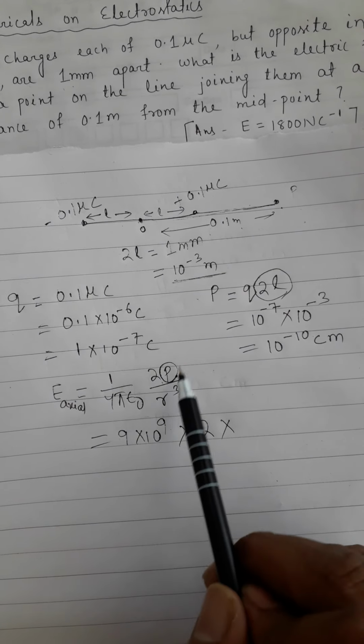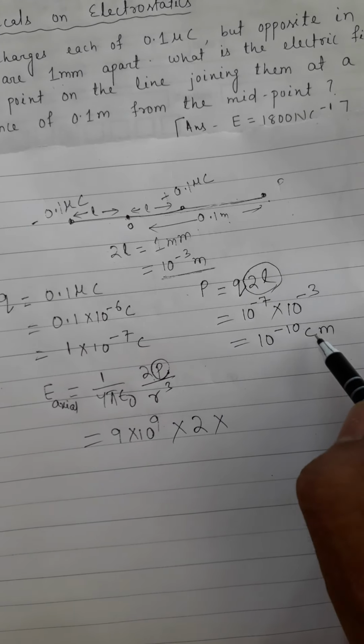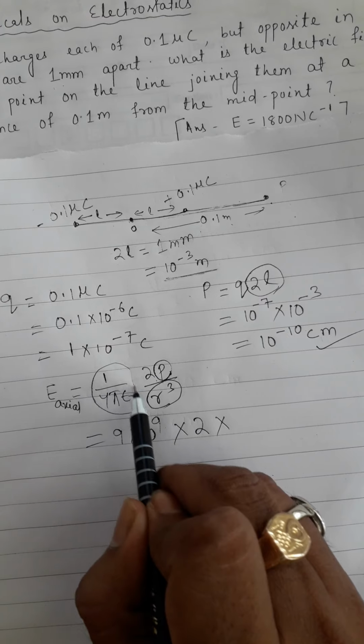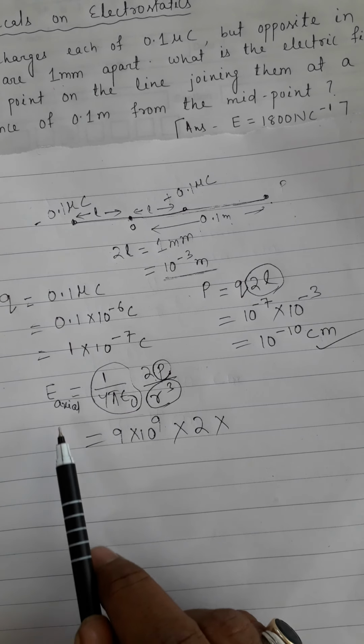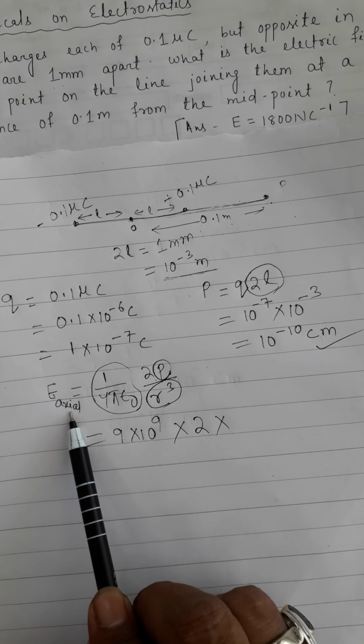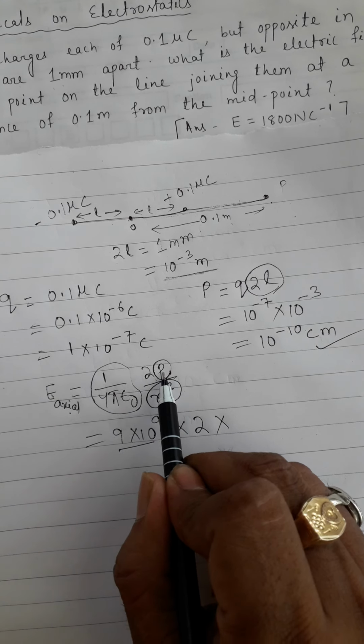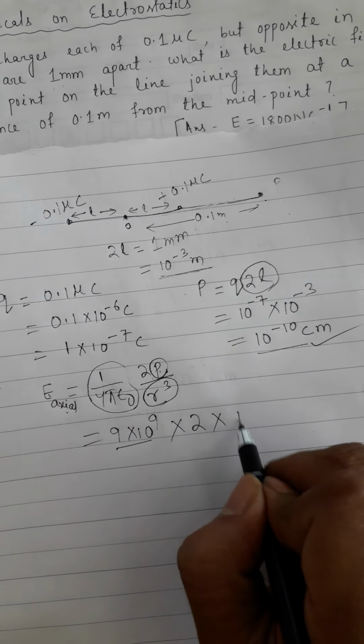So here we have calculated p, and the distance is known to us, and the value of 1 by 4 pi epsilon naught is known to us, so we can find the electric field on the axial line. So it will be 9 into 10 to the power 9 into 2 into p, where p is 10 to the power minus 10, divided by r cube. And what is r?